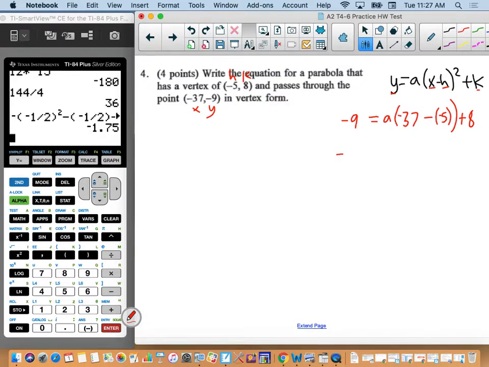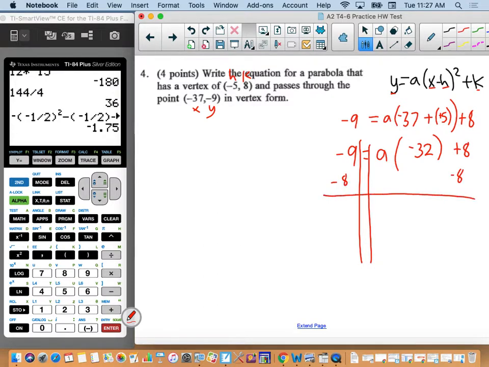And now I can solve this for a. So it would be negative 37 equals a times negative 37 plus 5, squared, plus 8. And I'm just going to solve this for a. I'm going to get the a alone by subtracting 8.